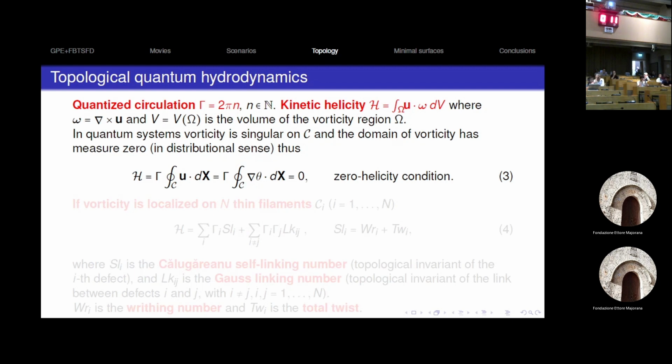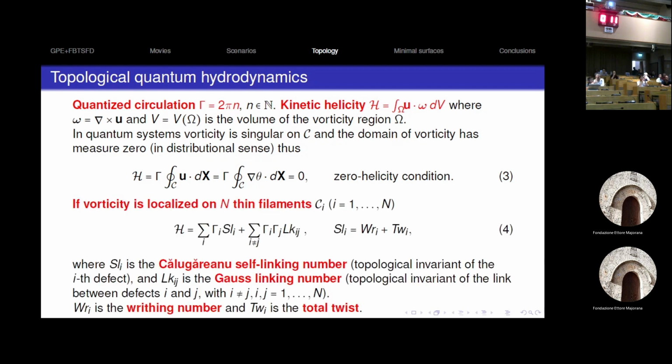So you have this zero helicity condition. And as he showed us this morning, you can write helicity in this way: the summation on all vortex lines of the self-linking number times its circulation plus the summation of linking numbers.